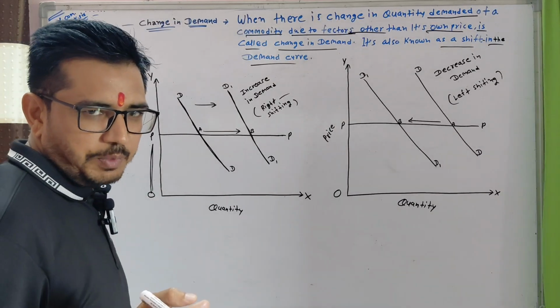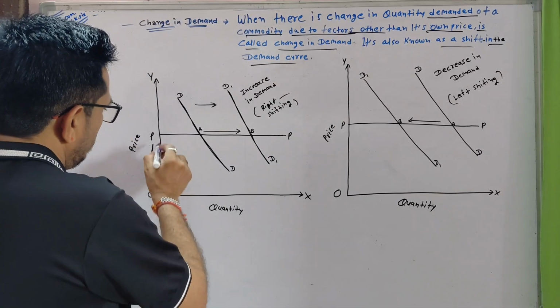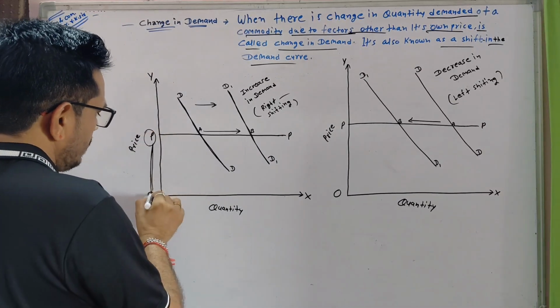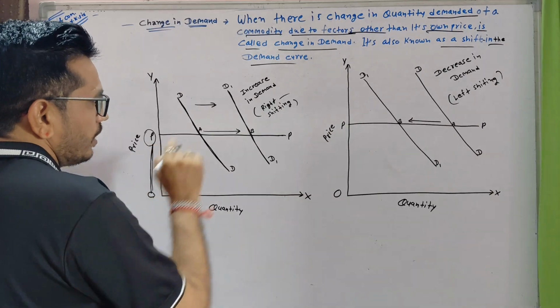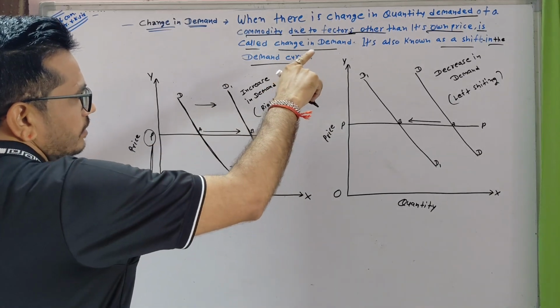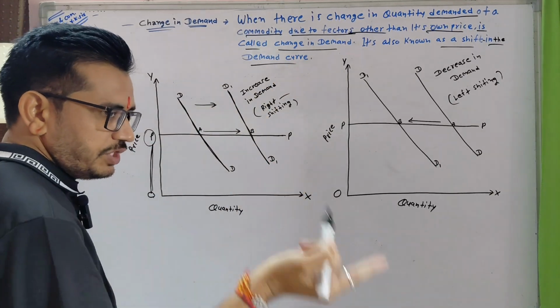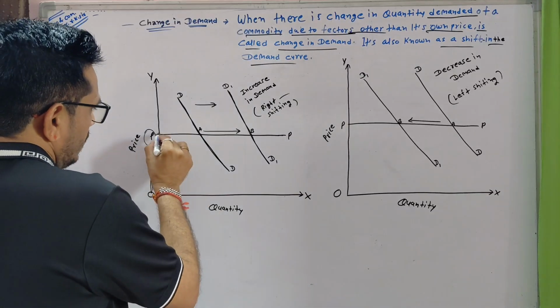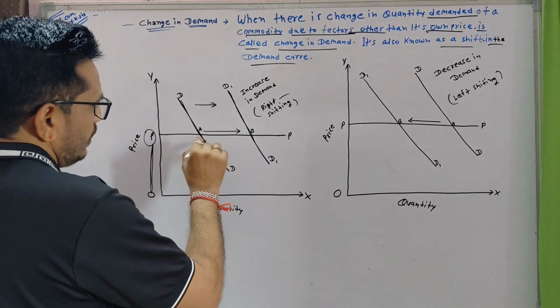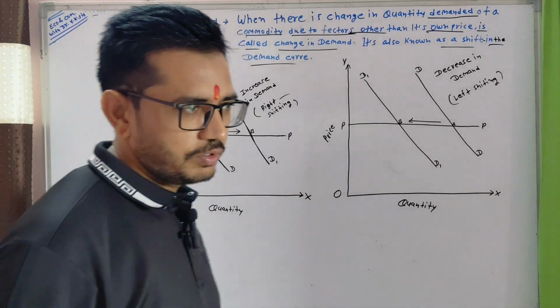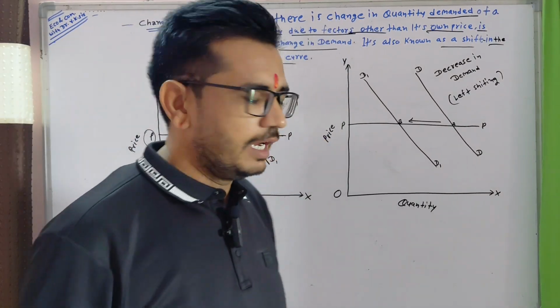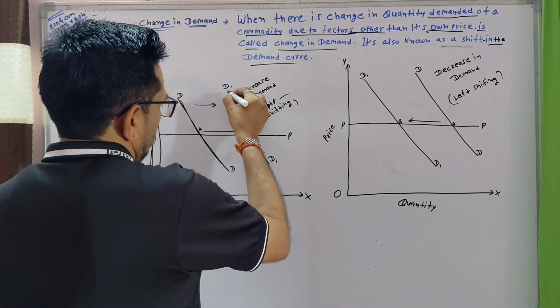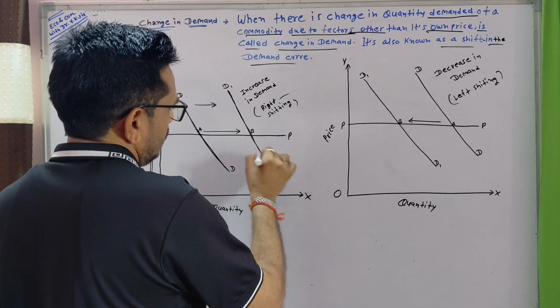I am again repeating, the price OP is constant, but other factors change. So the demand curve goes to the right side, to D1.